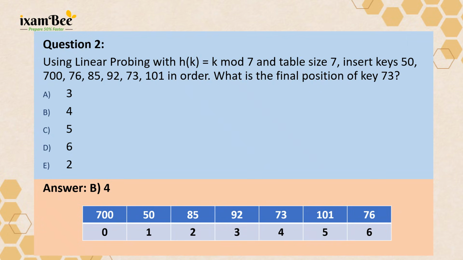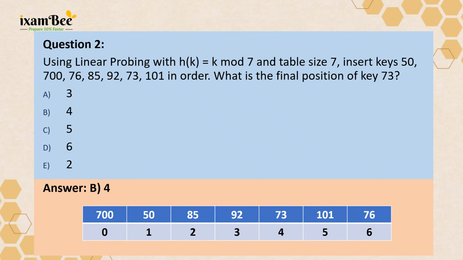And 85. 85 will give a remainder of 1. So it is going to give a collision, and since it is linear probing, it will occupy the index 2. Similarly, 92 will also give a collision, and since it is linear probing, it will occupy position 3.